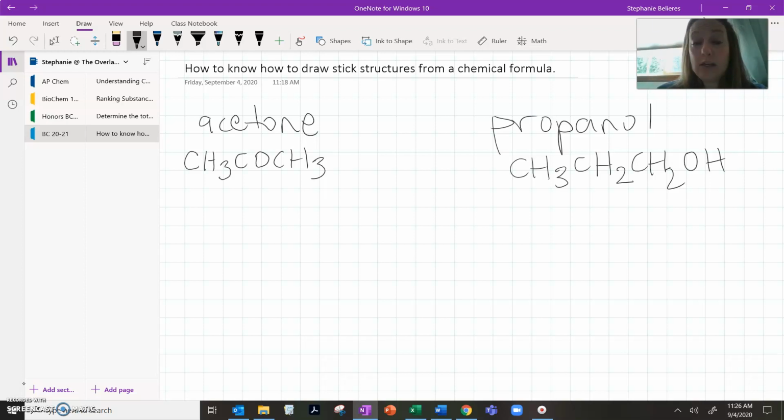Now, the first thing I want to point out is that I have not written these in condensed form. There's a couple different ways I could have written this formula. I could have combined all of the carbons and counted up the numbers, so that would have been C3H6O, and in this case, C3H8O.